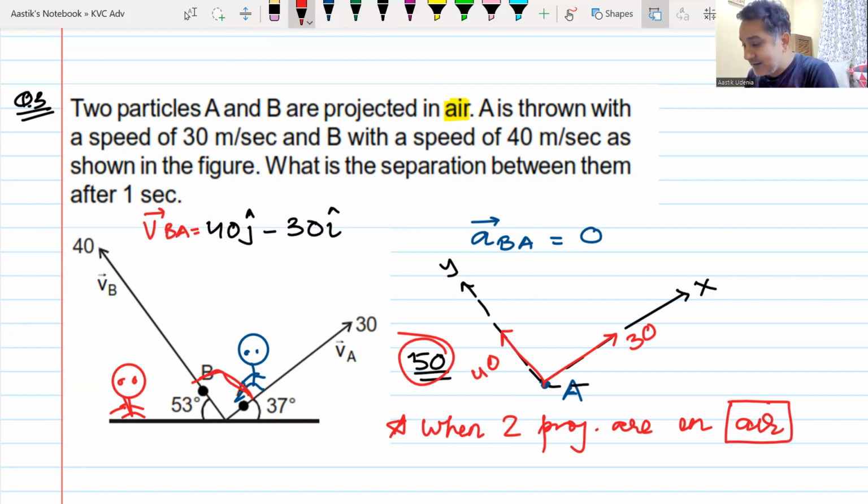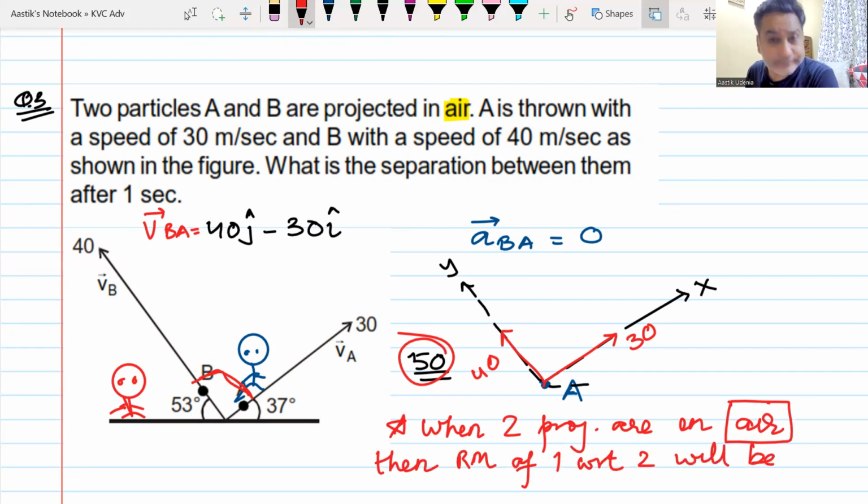When two projectiles are in air, then the relative motion of one with respect to the other will always be a straight line motion. Do we understand this? Yes, sir.